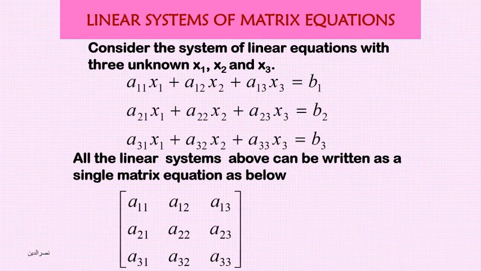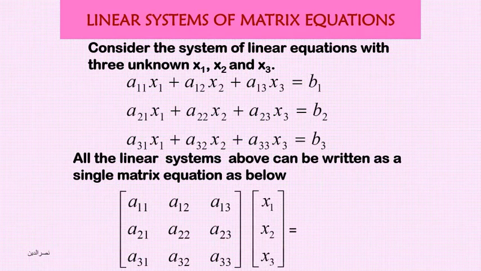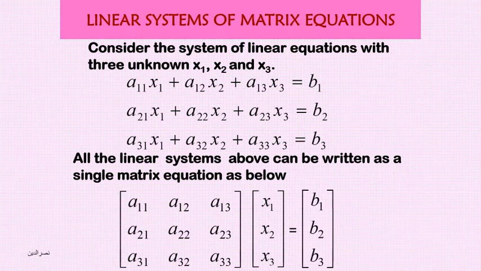All the coefficients become a 3 by 3 matrix. All the three unknowns become the column matrix x1, x2, and x3, and the values on the right hand side become the column matrix b1, b2, and b3.